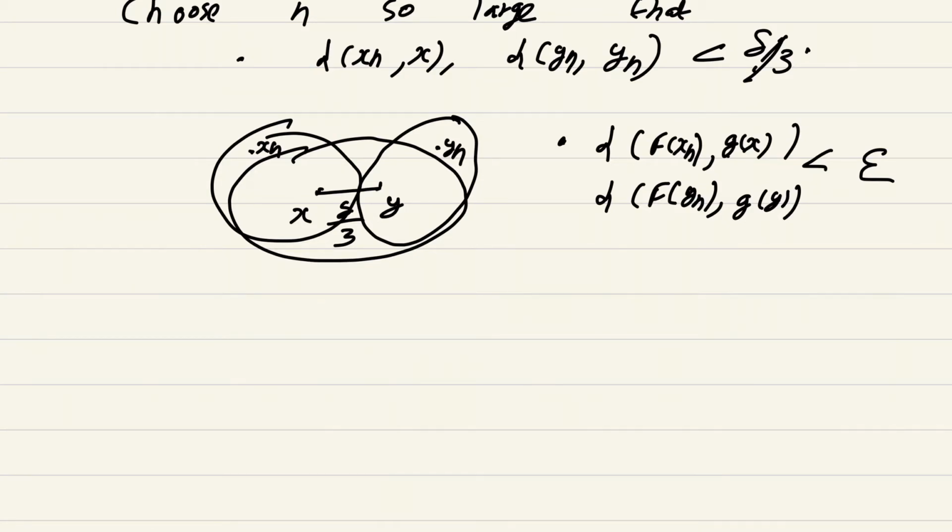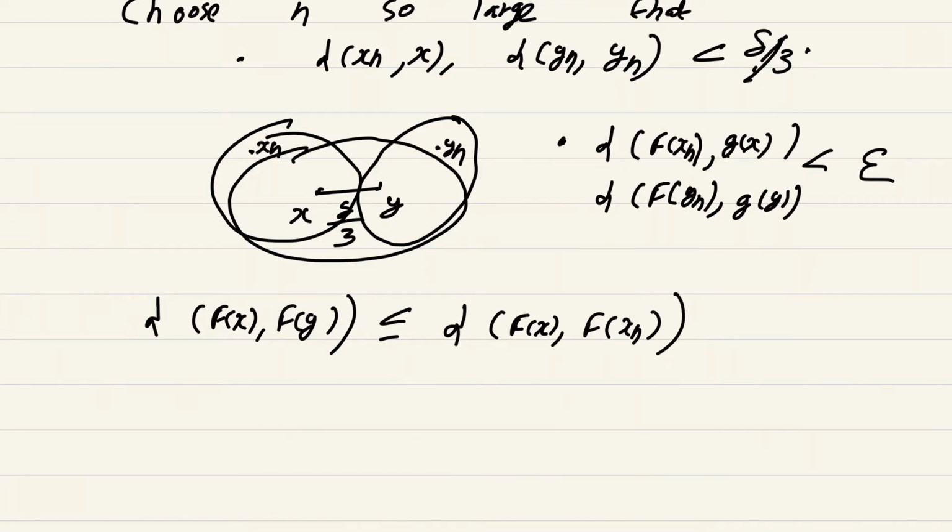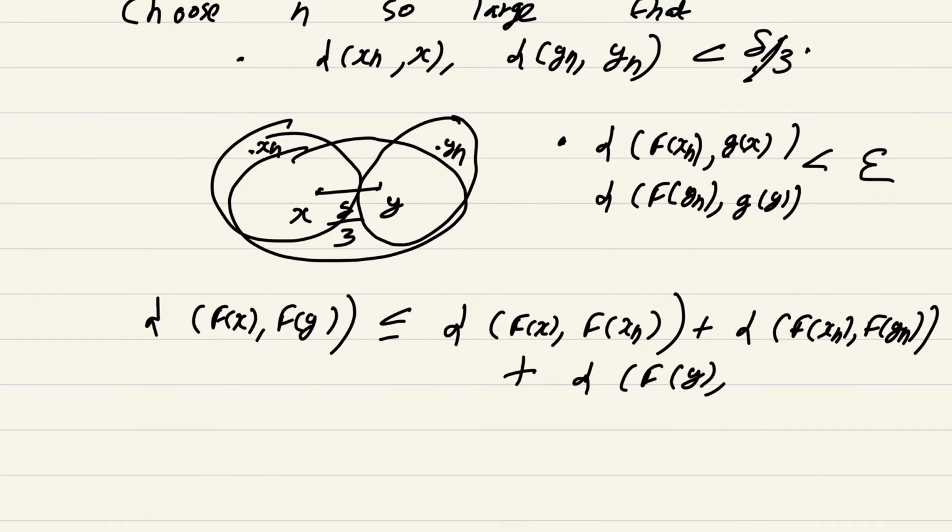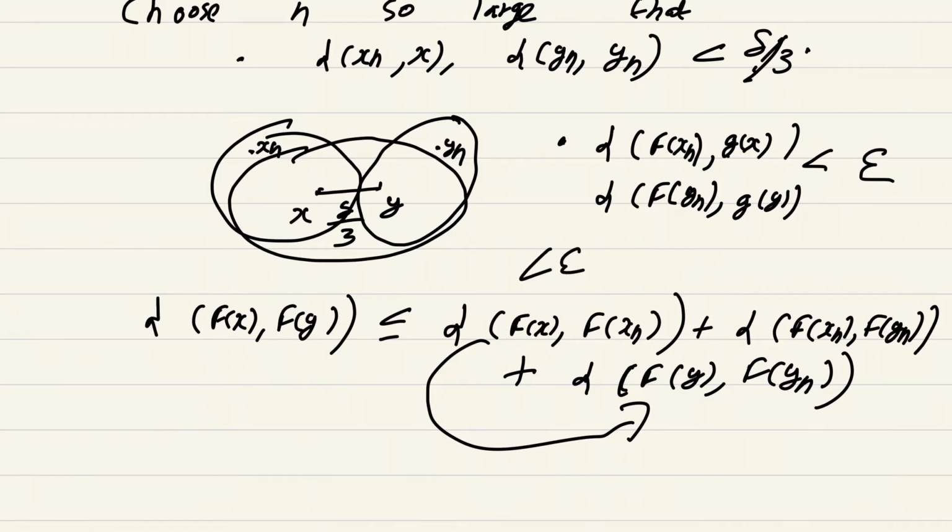Well, d(g(x), g(y)) is less than or equal to d(g(x), f(xn)) plus d(f(xn), f(yn)) plus d(g(y), f(yn)). Now these two quantities, d(g(x), f(xn)) and d(g(y), f(yn)), are both less than epsilon just by this.